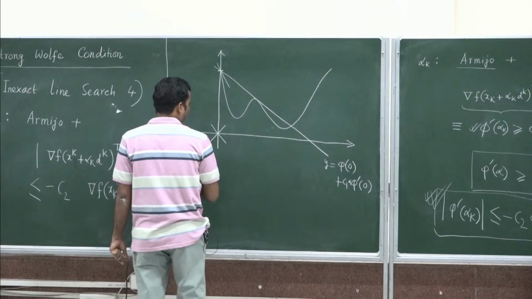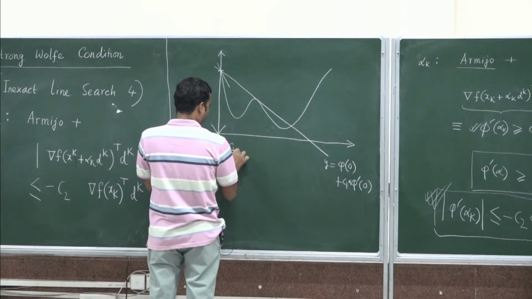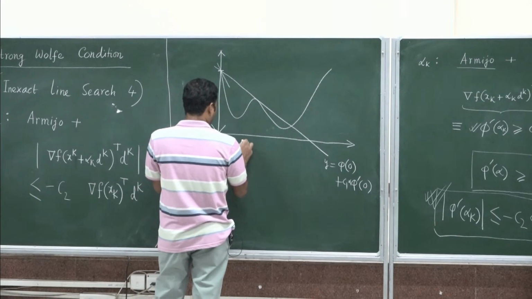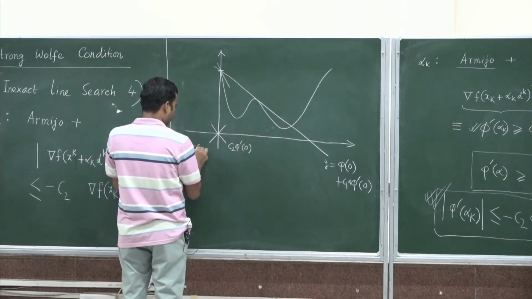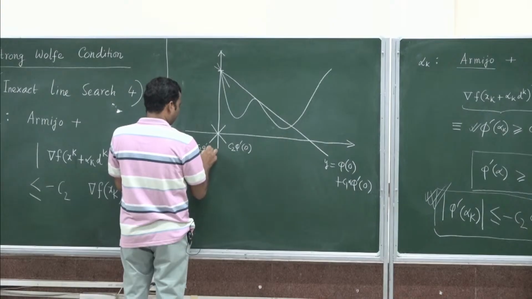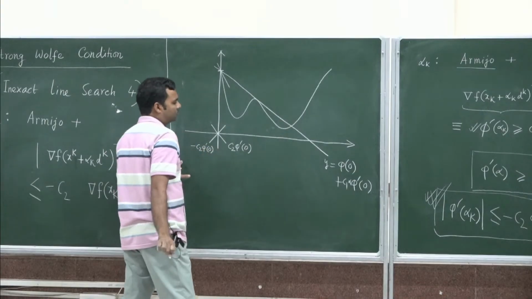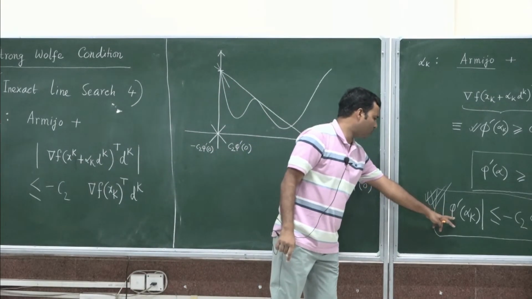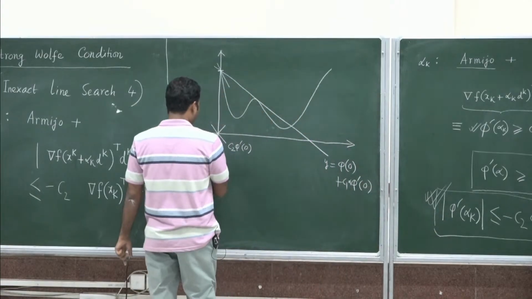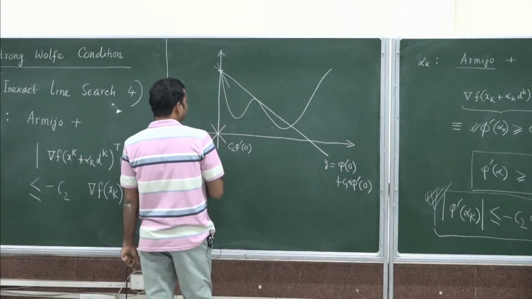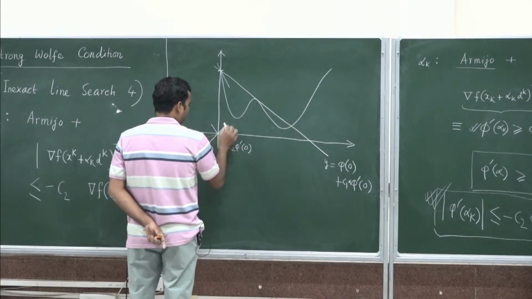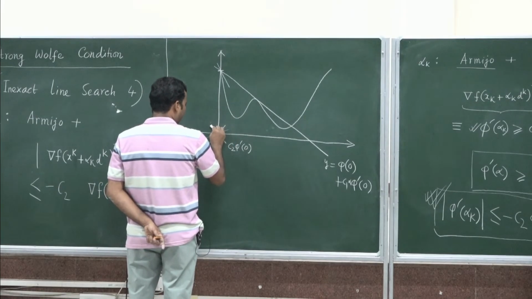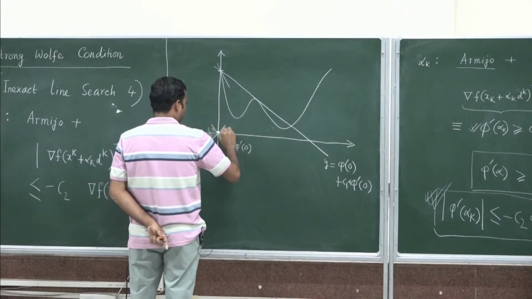Here is then parallel this slope, and exactly opposite is this one. So here goes your c2 times phi dash 0, this slope is this line, and this line is minus c2 times phi dash 0. This inequality says that the slope must be in between these two lines, right? In between these two lines means the graph should be in between these two cones.